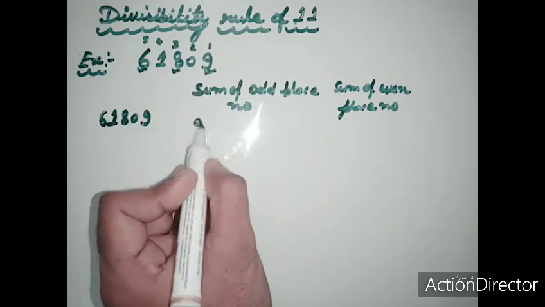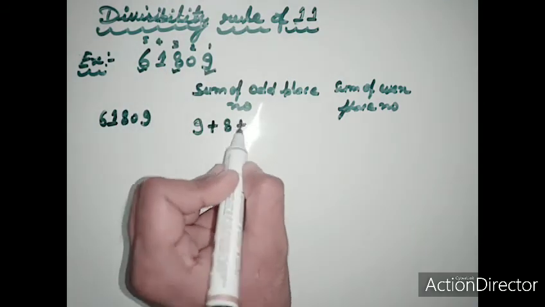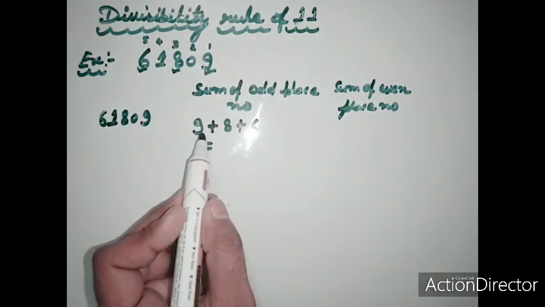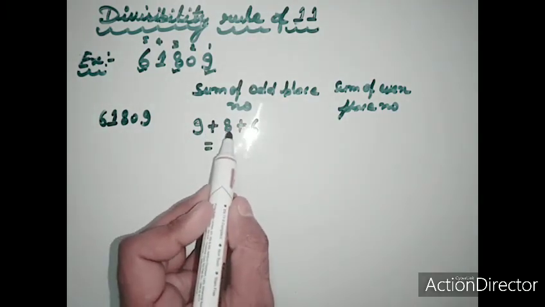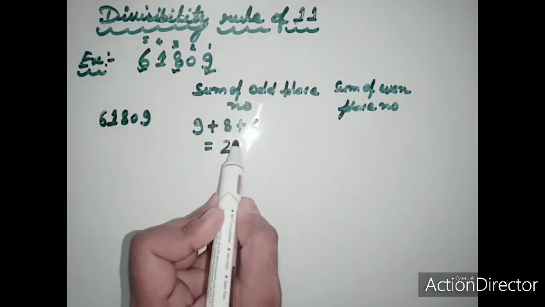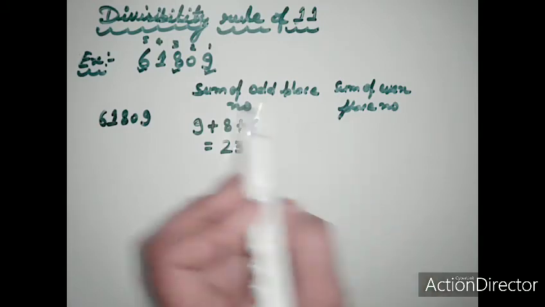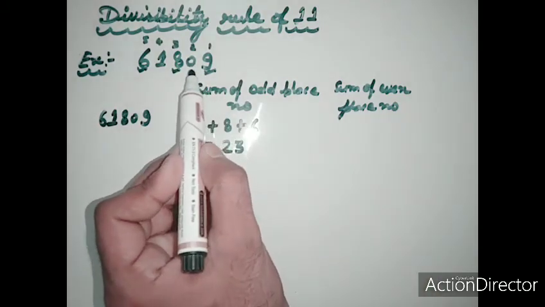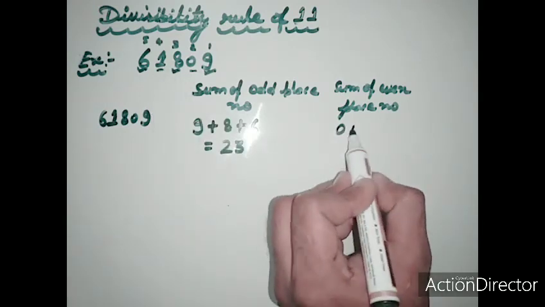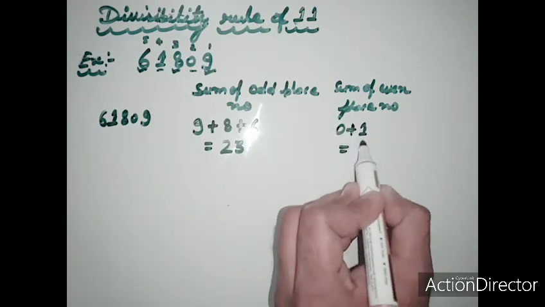So now here we add 9 plus 8 plus 6. Now we add these all three numbers here. 9 plus 8 is 17, 17 plus 6 is 23, right? After that here we add even places numbers, 0 plus 1, so here we get 1.